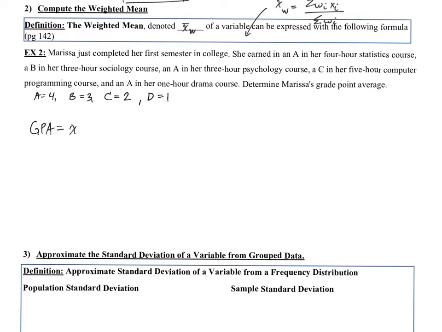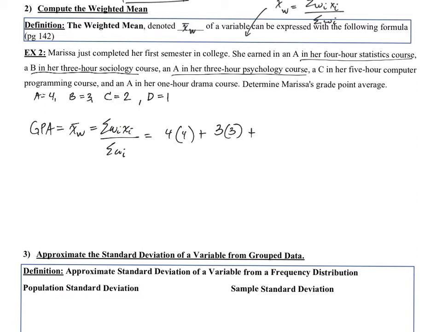is going to equal the weighted mean, which will be the sum of the w sub i, x sub i, all over the sum of w sub i, which is going to be, let's see, first thing she has is her 4-hour statistics course, which she got an A in. So it'll be 4 times 4, because she got an A, plus the next one, a B in a 3-hour sociology course. So it was 3 hours, and it was worth 3, plus an A in her 3-hour psychology course.